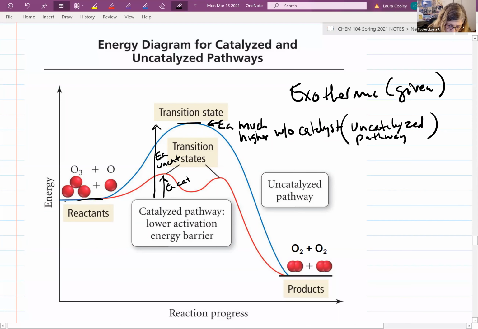So you have your first step, activation energy, and then you have your intermediate here, your ClO intermediate, which then reacts away. This is EA2 in the second step, which is a much faster step. So you can see again here, EA1 is greater than EA2. Step 1 is the slow step.